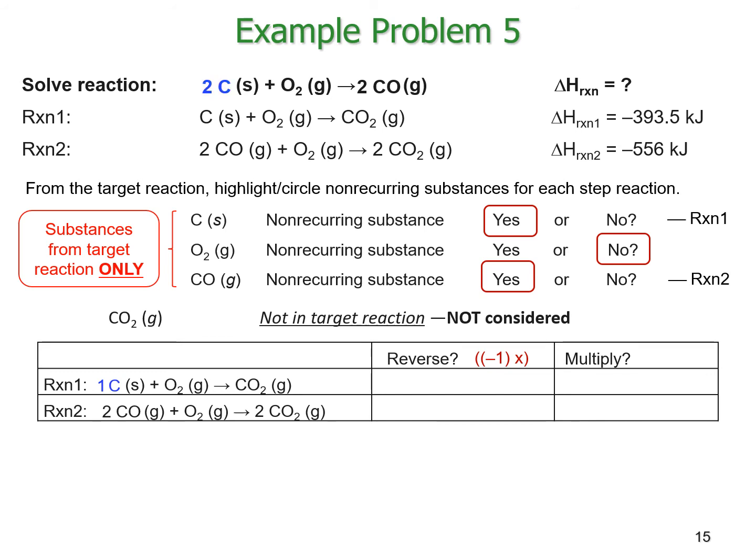All right, so let's start with the carbon. Right. So when we look at the carbon here, do we need reverse this reaction 1? No, we don't, because carbon is already on the correct side. The math for us to reverse the reaction is we multiply this reaction by -1.